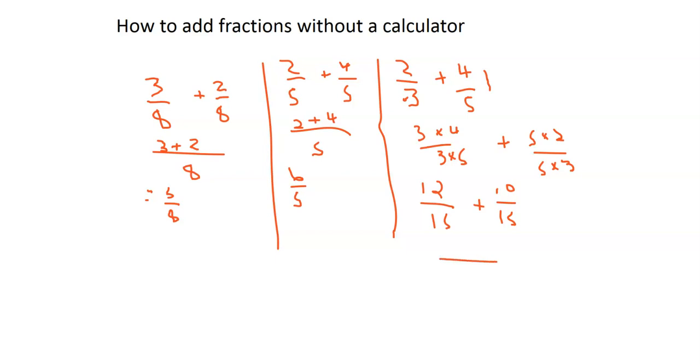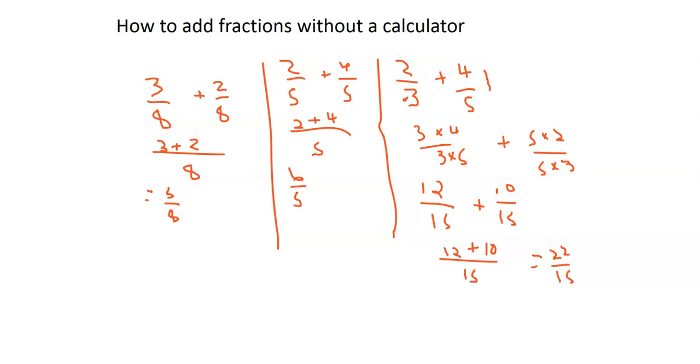Once you've got the same denominator, you make one denominator and add the numerators. So it will be 12 plus 10, meaning our answer will be 22 over 15, which is an improper fraction.